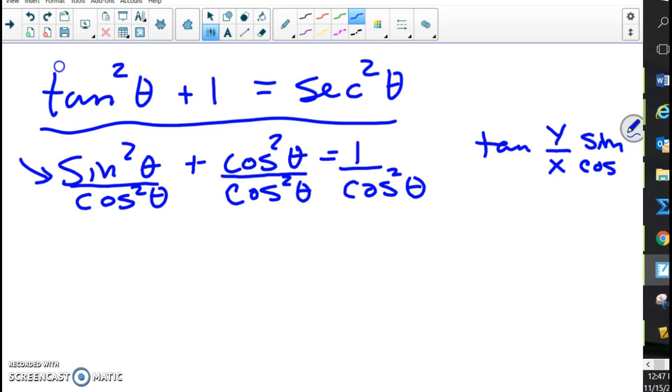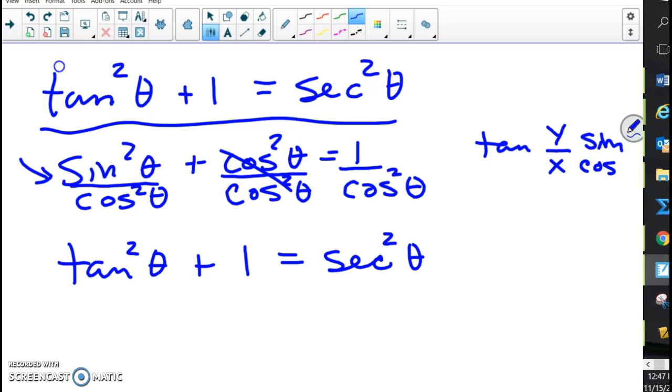So we can replace sine squared theta over cosine squared theta with tangent squared theta. Of course, cosine divided by itself is simply 1. And we know that 1 over cosine and secant are inverse properties. 1 over cosine squared is simply secant squared. So there's our second identity.